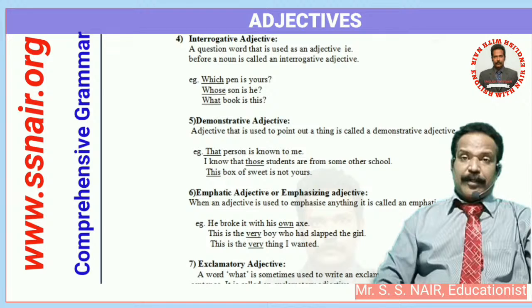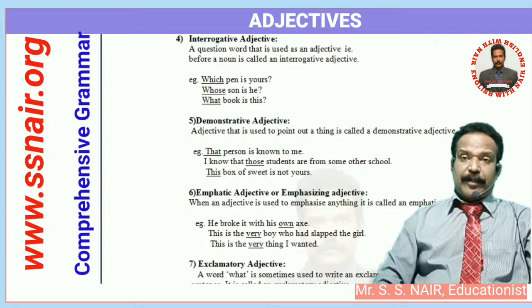That is an apple. That would be demonstrative pronoun. That apple you should not eat. That would be demonstrative adjective. Hope you understood. Make it clear. I know that those students are from some other school. You say those students.